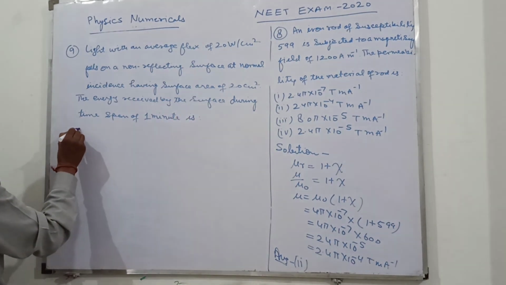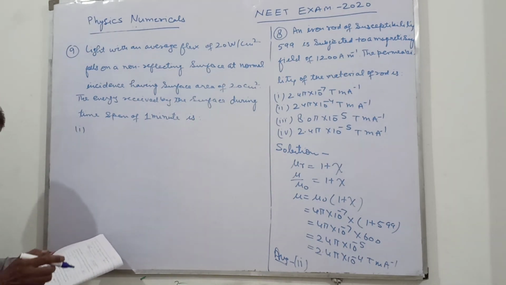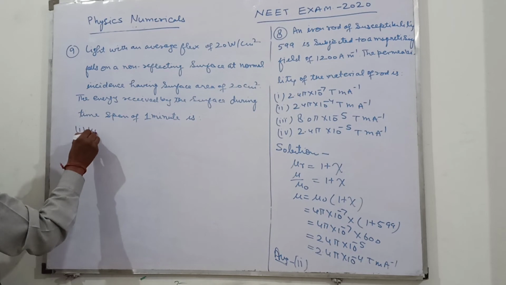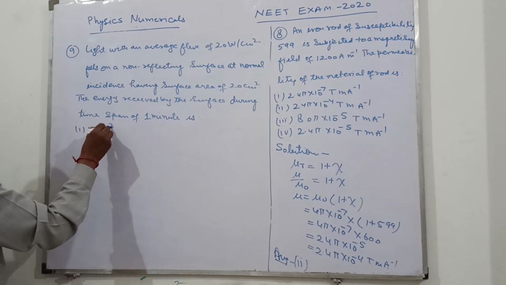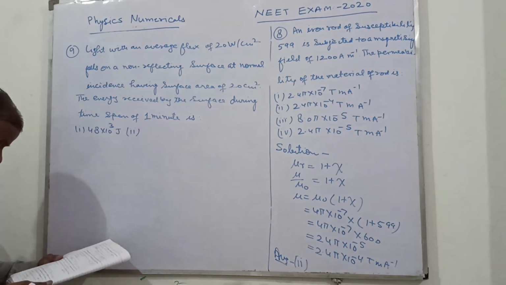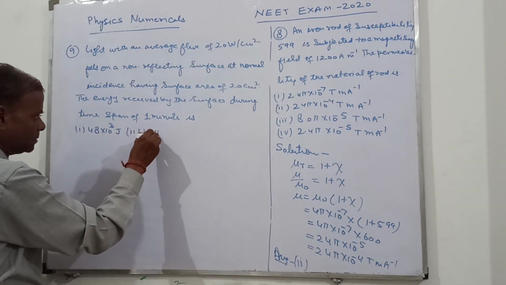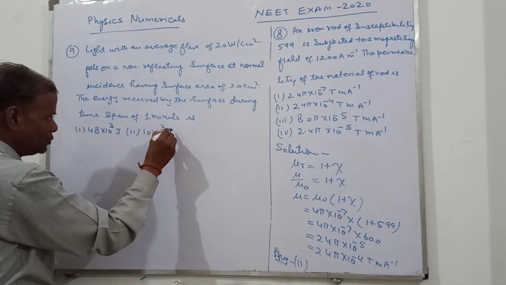and now your options. First option is 48 into 10 raised to power 3 joule. Second is 10 into 10 raised to power 3 joule.